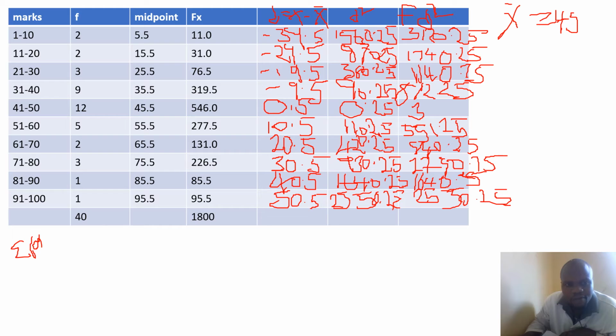So now the next thing for us to get is the summation of f d squared column. This is the column that we have added here. If we add this one, we are going to get 15,190.